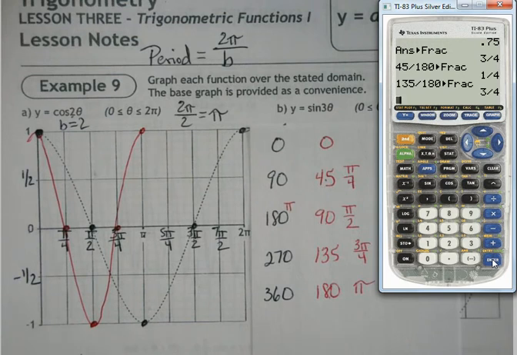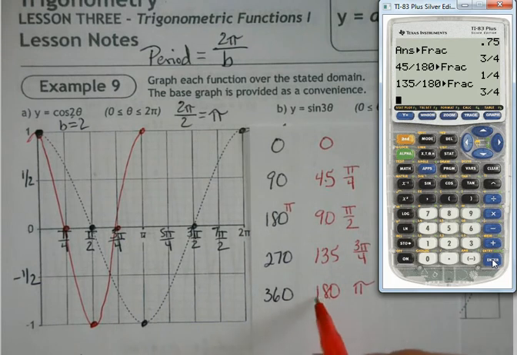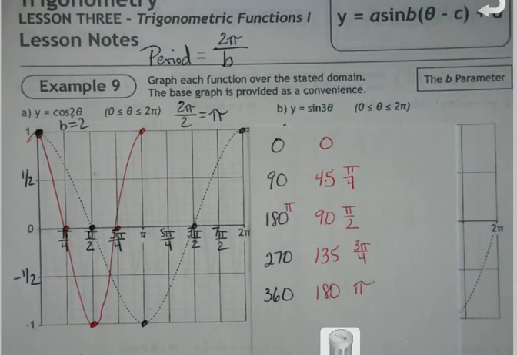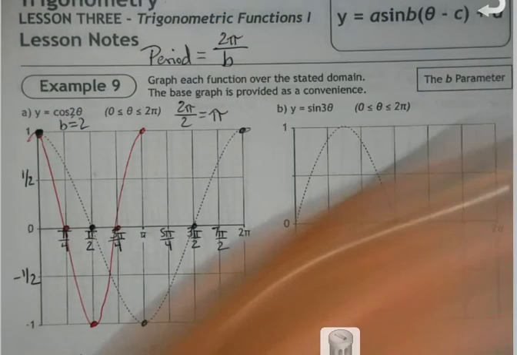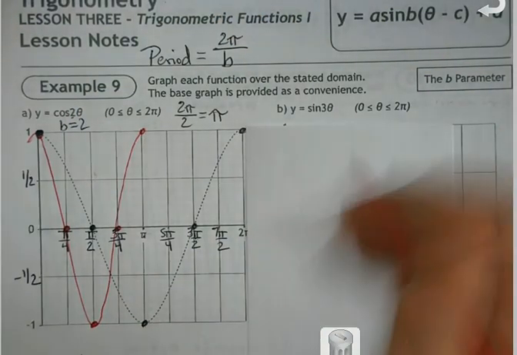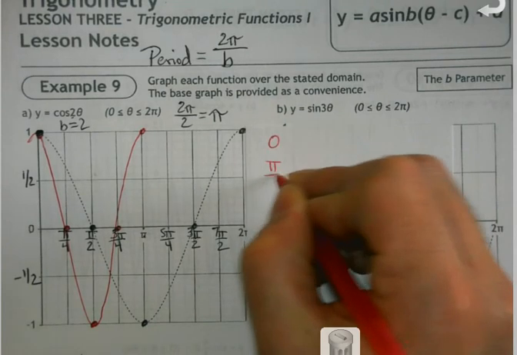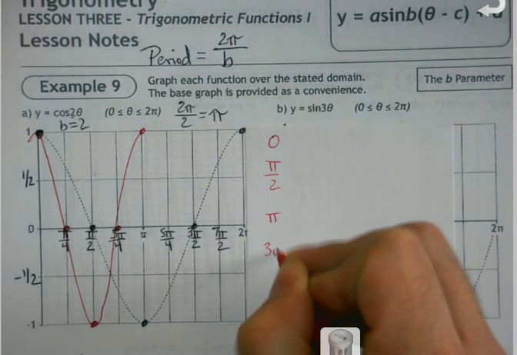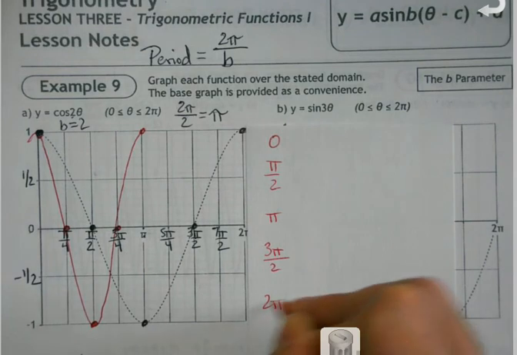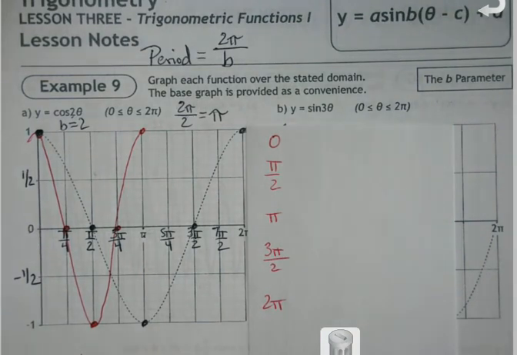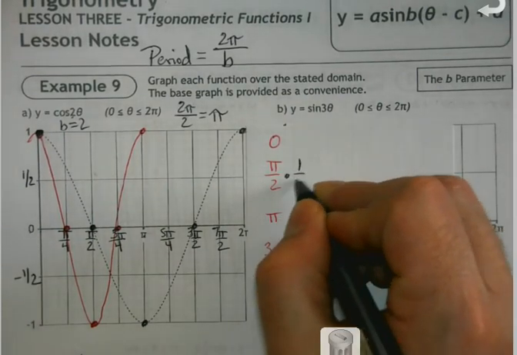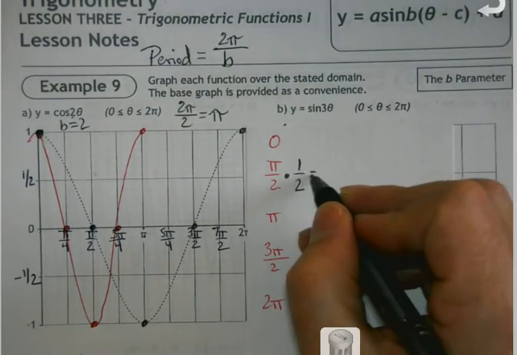Now, the fun thing here is, do I have to do this degree thing to get the values? And the answer is no. Because I wanted you to see where they came from first, the easier thing to do, to me, would be to look and say, okay, my old values, 0, pi over 2, pi, 3 pi over 2, 2 pi, because that's where they all were originally. If you're going to divide by 2, it's the same as multiplying by a half.